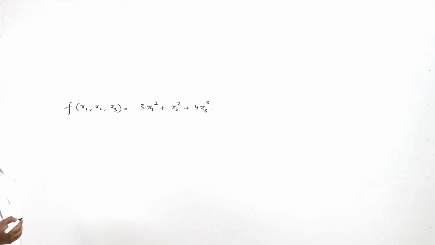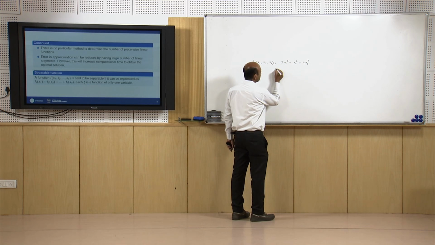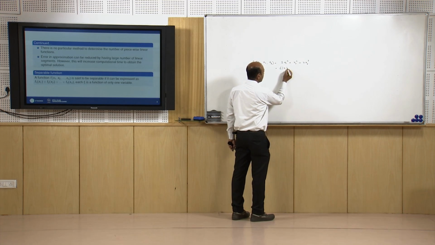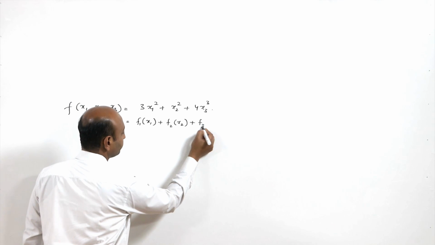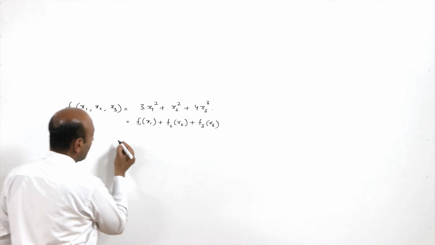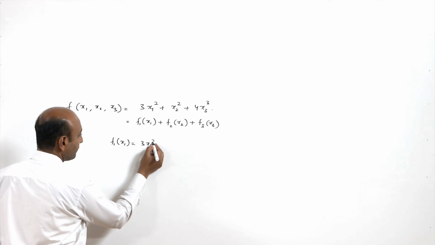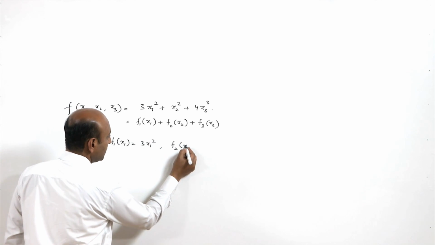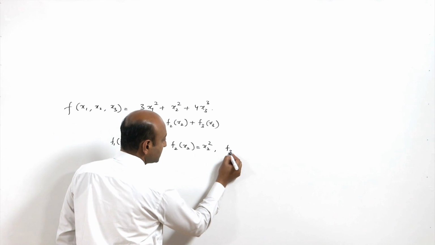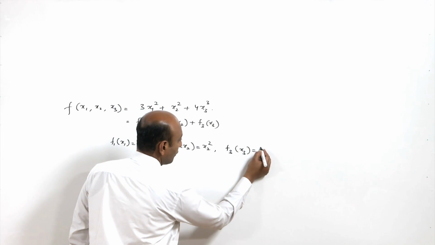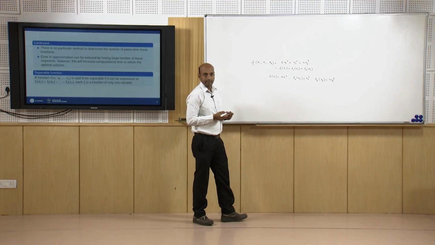So this function is clearly separable because we can write this function as f1(x1) plus f2(x2) plus f3(x3), where f1(x1) is nothing but 3x1 square, f2(x2) is nothing but x2 square, and f3(x3) is nothing but 4 x3 cube, okay.